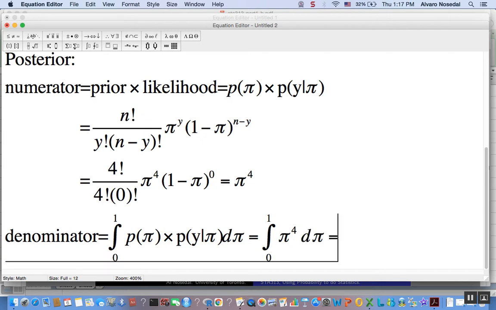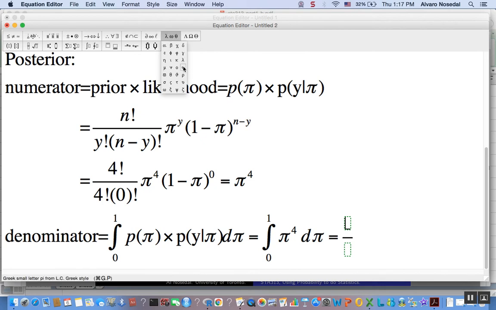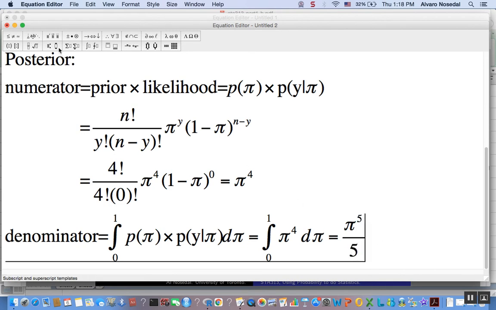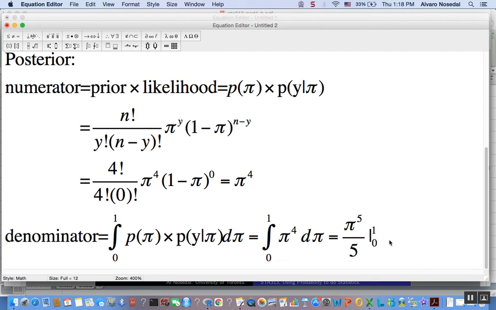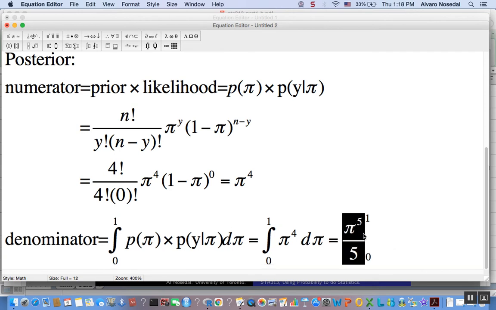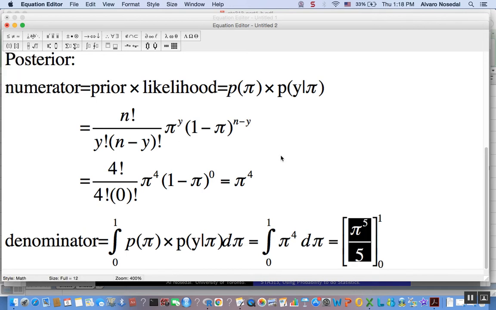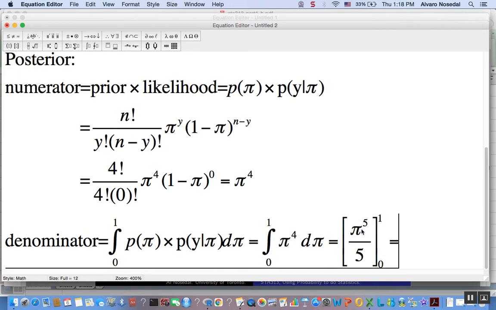That is just going to be pi to the 5th divided by 5, and then we have to evaluate it at 1 and 0. Let me make it like this, it's going to look nicer. So that is clearly just 1 over 5. Make sense?